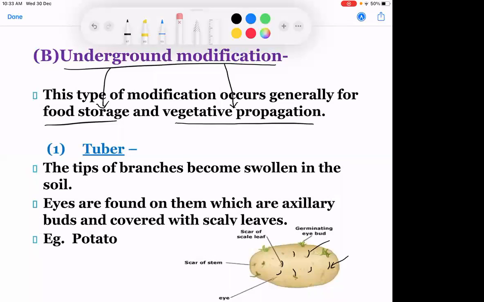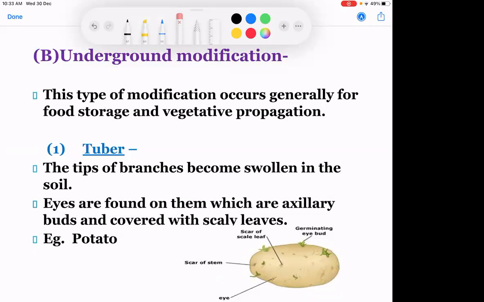They can produce a new plant. Ready? It is a modification of stem that is vegetative. Number two, vegetative. Both are served here. See. Fine.